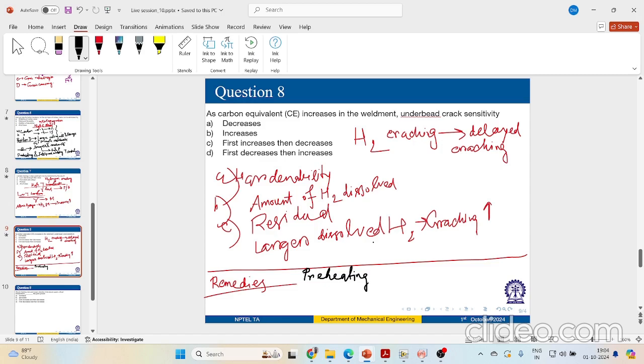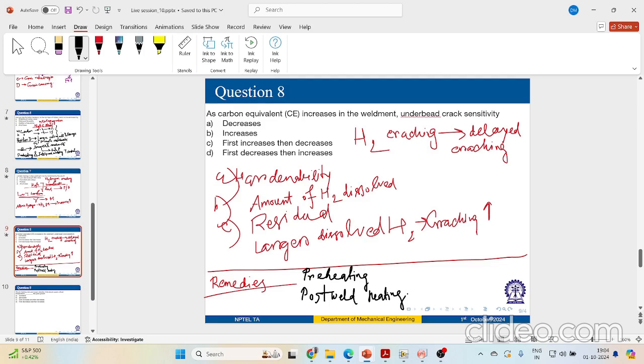And post weld heating also. The post weld heat treatment also can be used to stress relieve the weld before it cools down to room temperature.